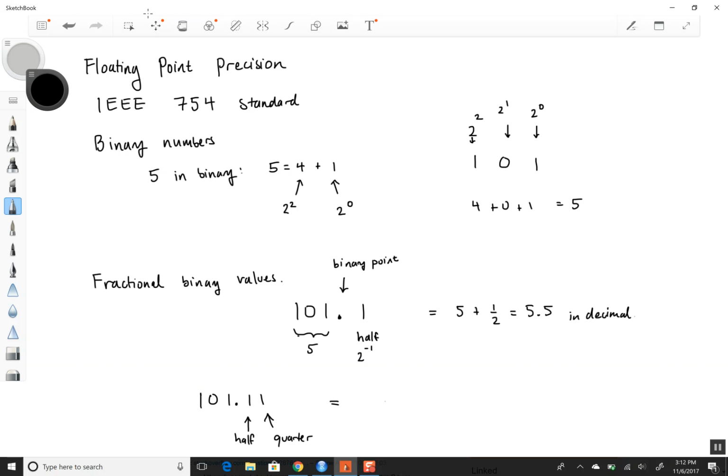And so what is this value? Five plus 1/2 plus 1/4. So that's 5.75 in decimal.